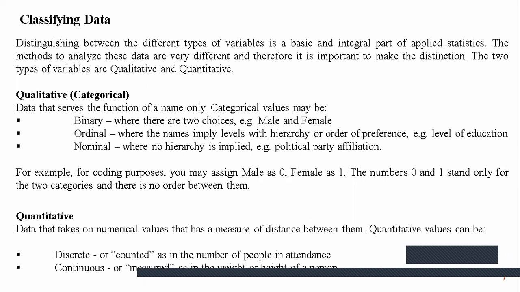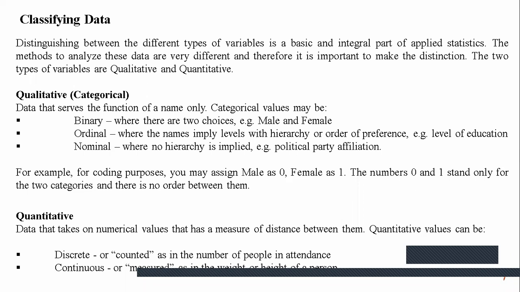Is the difference between ordinal and nominal clear? Ordinal is where the names imply levels with a hierarchy or order of preference, for example level of education or the size of a cloth.